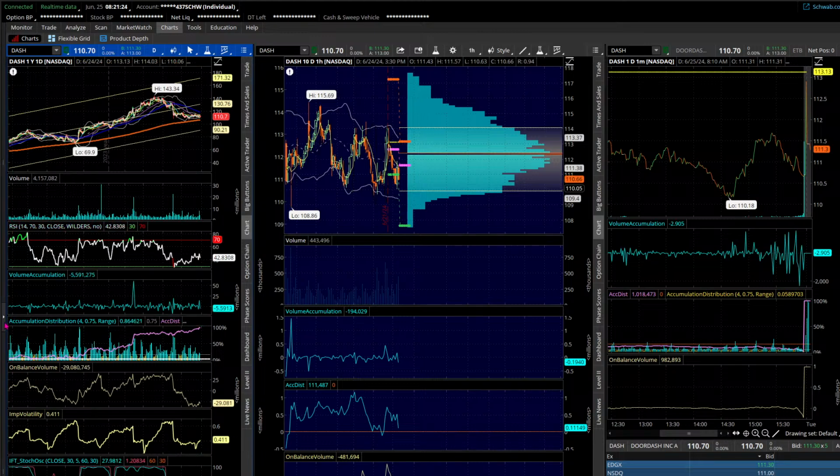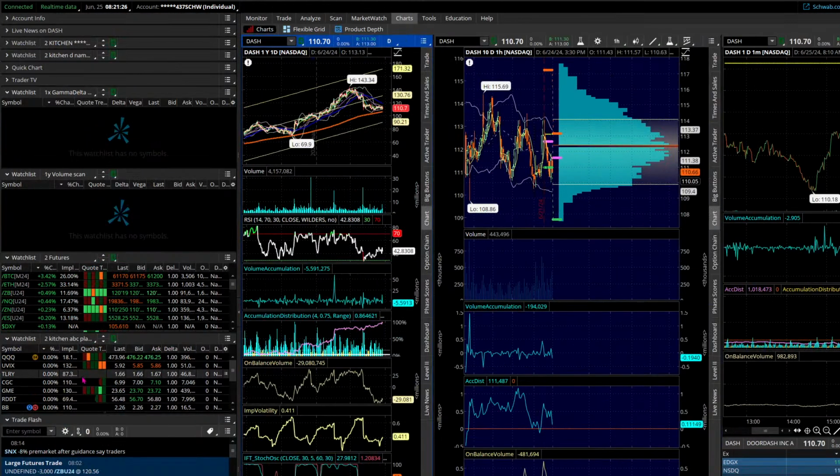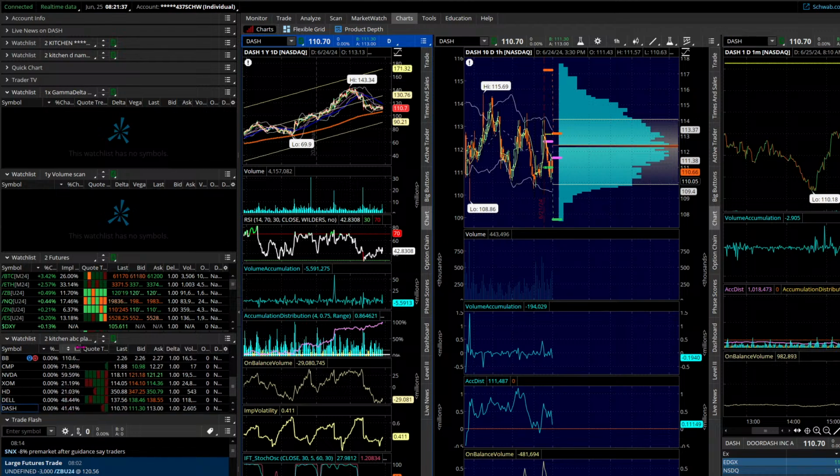DoorDash, by the way, let's see the implied volatility on DoorDash. So if I put it in right here on my watch list, DASH, we got an implied volatility of 41. Some trading platforms might say 0.41, whatever it is, whether it's 0 to 1 or 0 to 1,000.